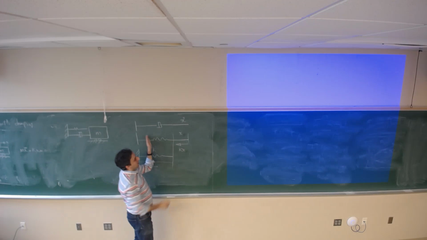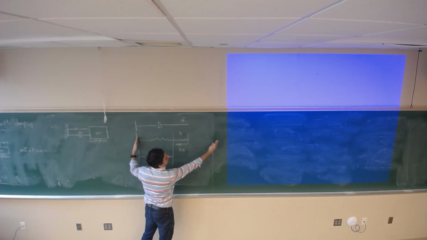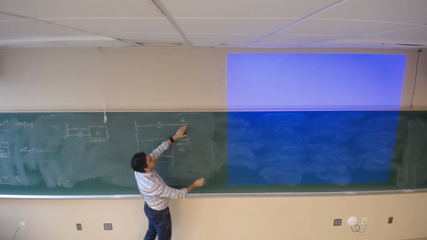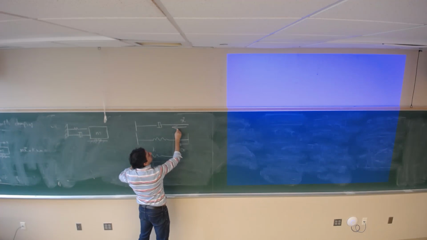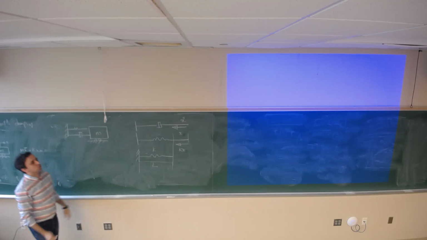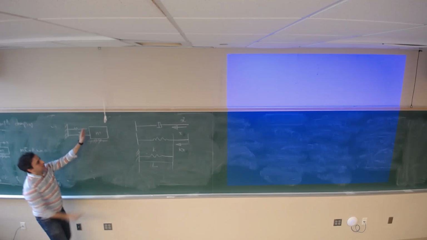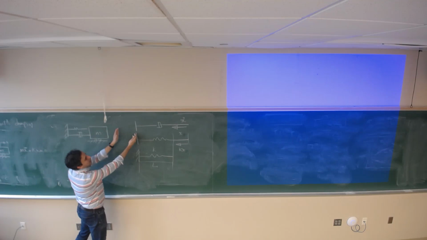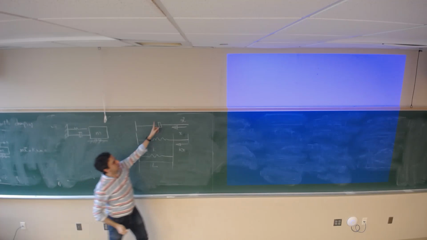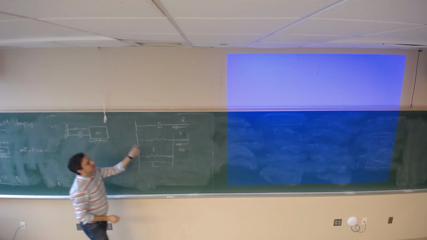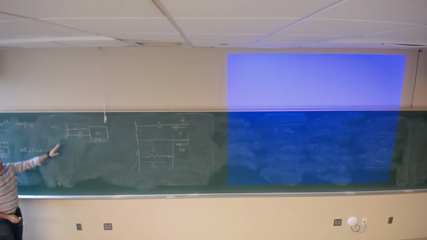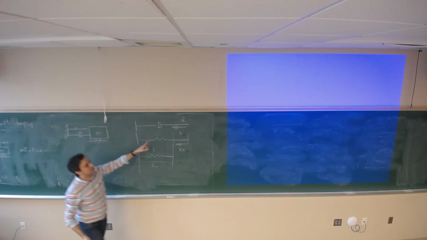So if this system is moving to the right side, the damper is going to apply the force in the opposite direction of motion. The force applied from the damper is going to be in the opposite direction. So the damper is against the motion.